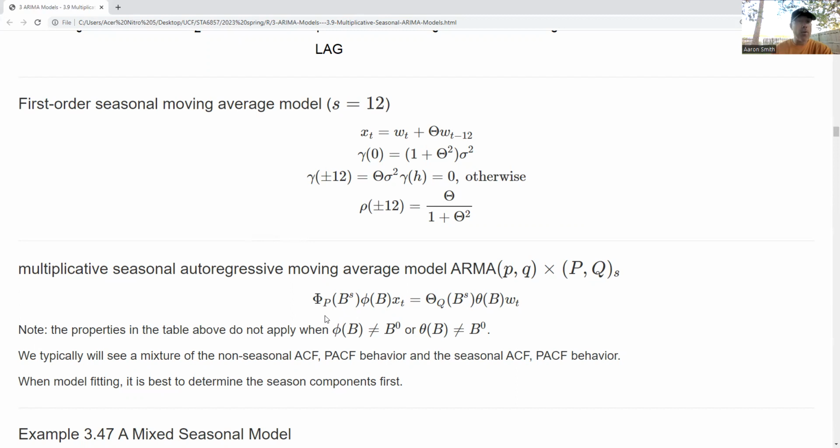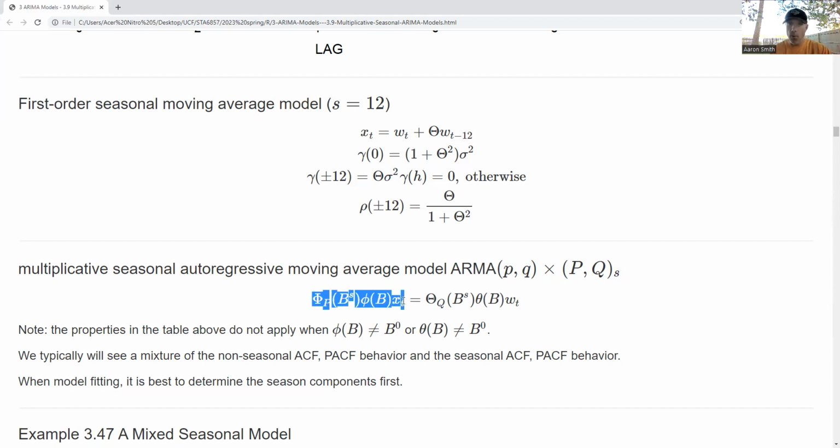All right, so let's talk about a multiplicative seasonal autoregressive moving average model. And so this is ARIMA (p, d, q) by capital P, capital D, capital Q, seasonal aspect, with a seasonality of S. Here we can see that we are multiplying the autoregressive.